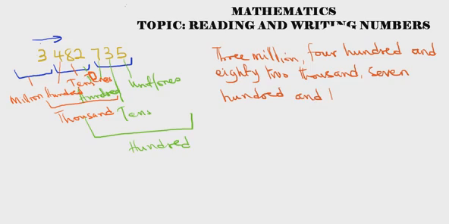So that's how you write the numbers up to 1 million.